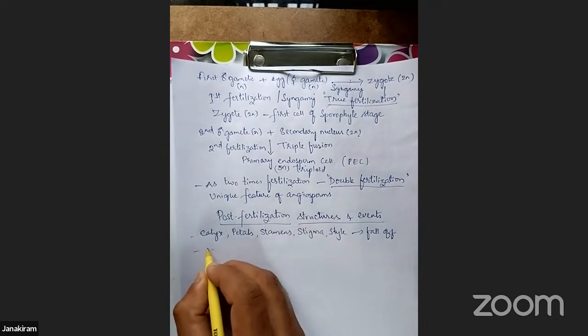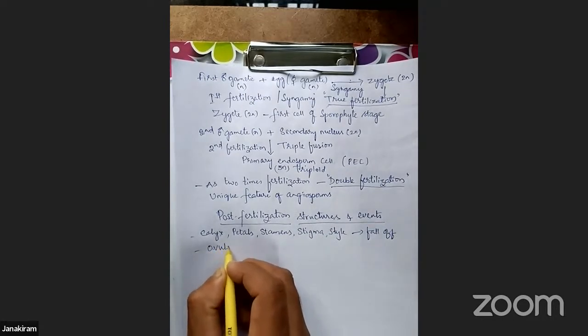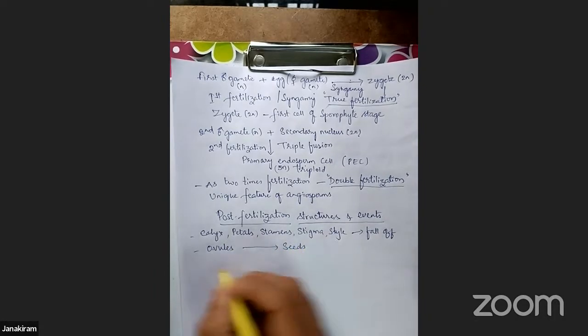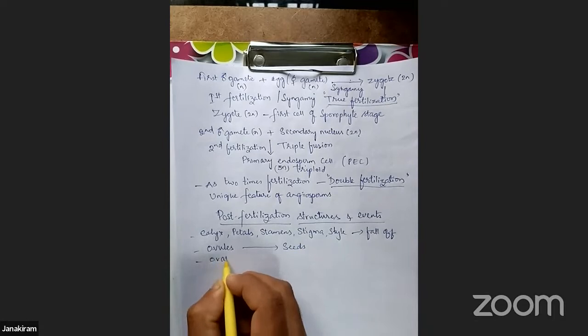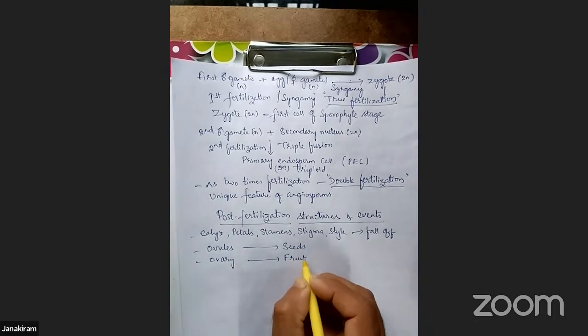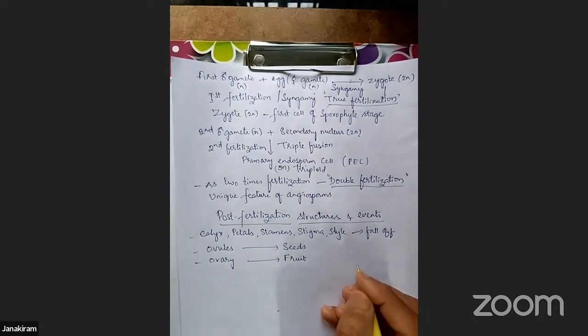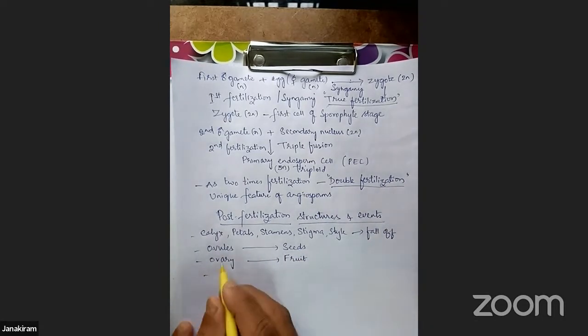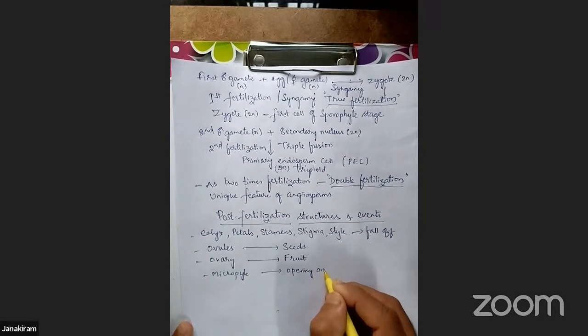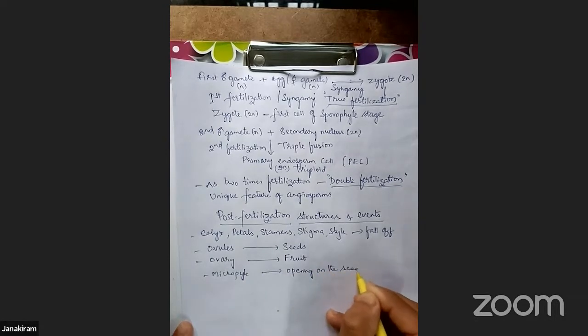Whereas the ovules which are present inside the ovary are converted into seeds, and the ovary is converted into fruit or fruit wall. And here the parts of the ovule, that is the micropyle, which is present on the upper side of the ovule, will remain as an opening on the seed.